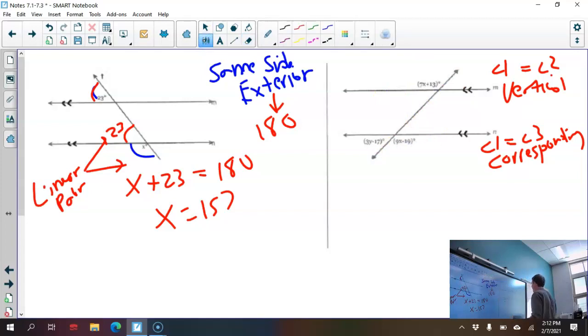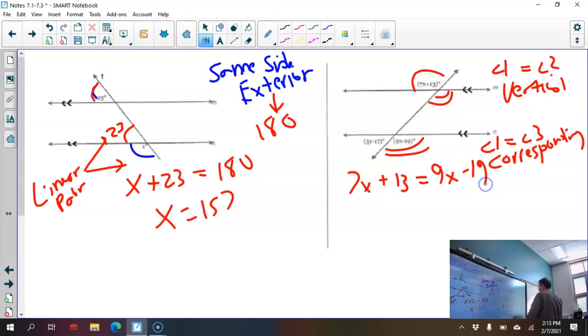So I now know, because this equals this, and this equals this, that 7x plus 13 must equal 9x minus 19. And I could solve that for x, right? I would get x equals 16.